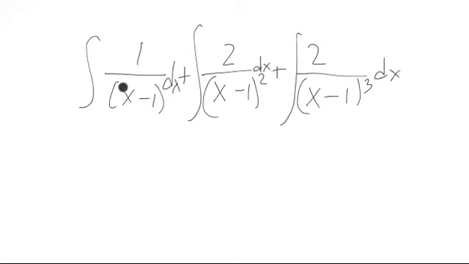This one, the integral is going to be the natural log, and you can check this, natural log of absolute value of x minus 1. Take the derivative of natural log, you're going to get that. Now we do this so that we maintain the same domain here as this, because if we didn't have the absolute values, we would have a different domain from derivative to antiderivative. We wouldn't want that. So this is one way of doing it. Actually, there's more ways of doing it, but this is the standard way of writing it down, I suppose. So that's just what we're gonna keep doing.